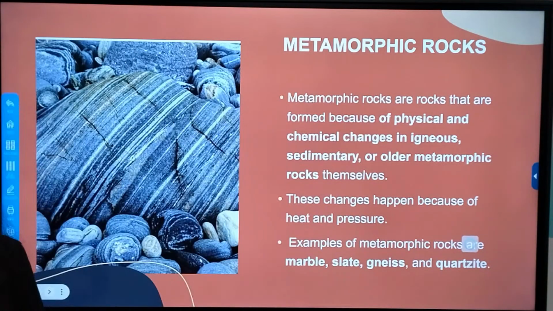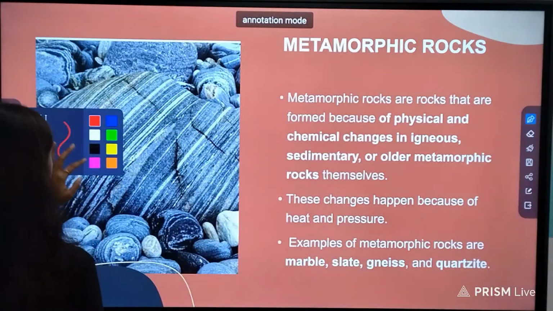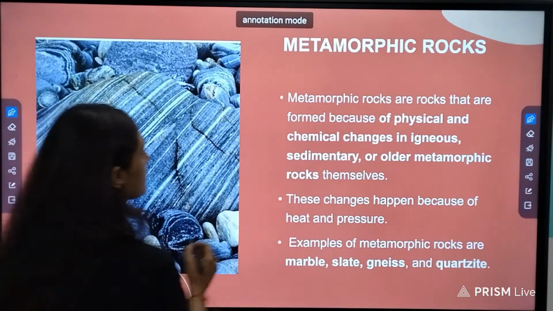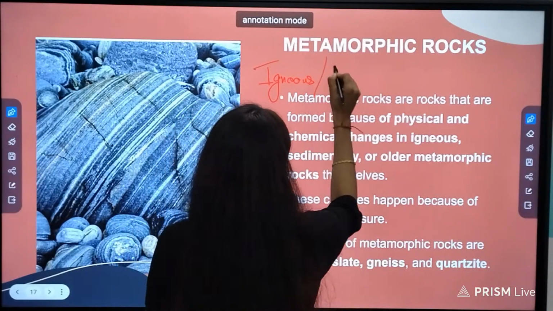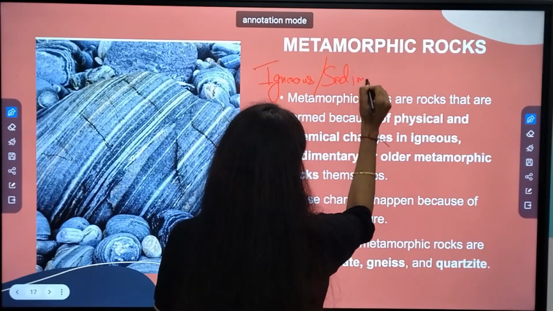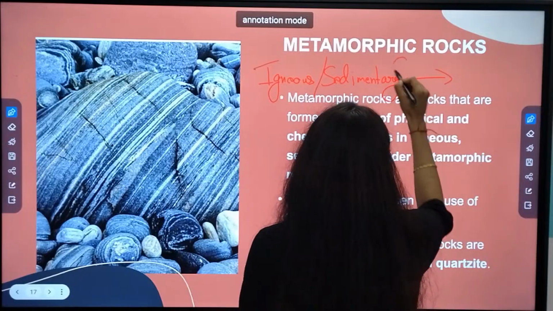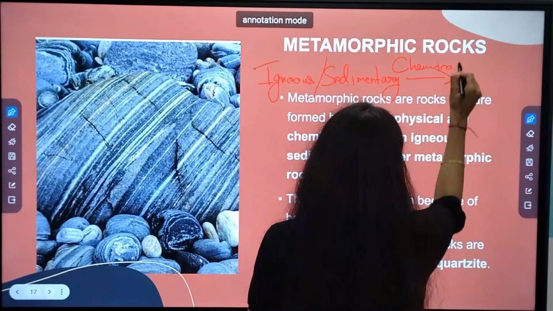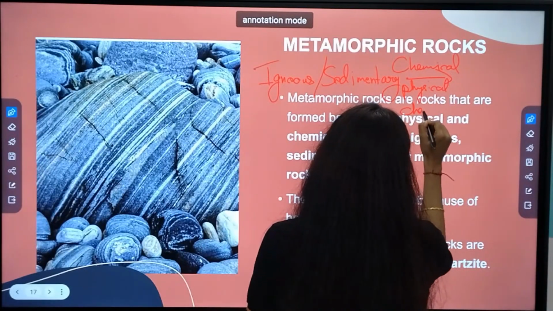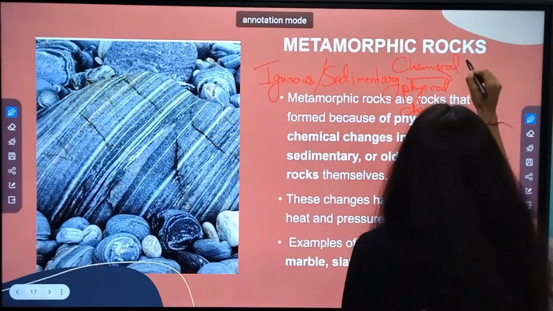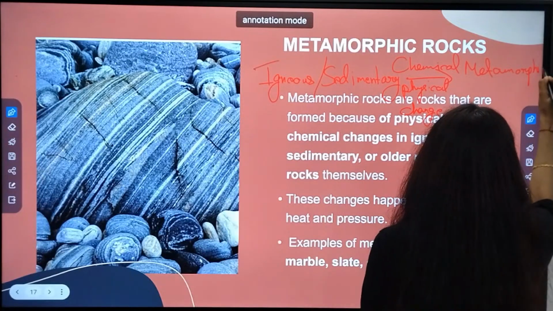Now next, what is metamorphic rock? Okay, igneous or sedimentary rock, when it undergoes chemical or physical changes, forms metamorphic rock.